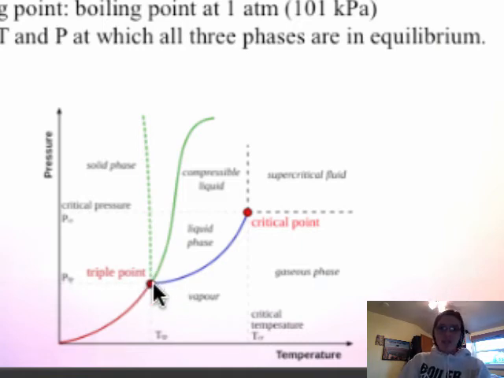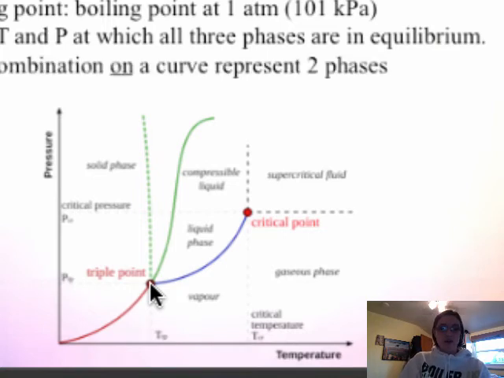What that means is at this temperature and pressure, you have solid, liquid, and gas all at the same time in a container. Any temperature and pressure combination, any x-y coordinate that is on a curve, whether it's on the melting curve, the vapor pressure curve, or even the sublimation curve, which is this red curve, represents two phases because they're in equilibrium.